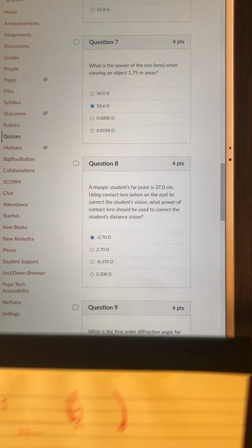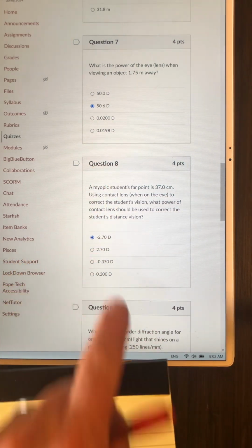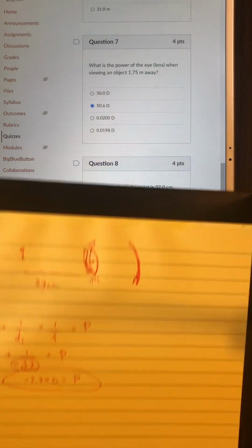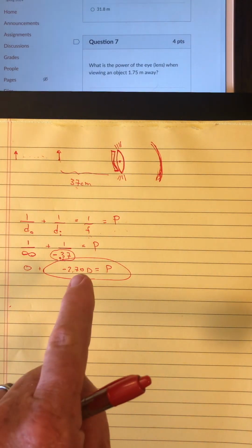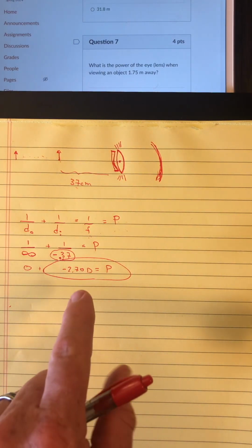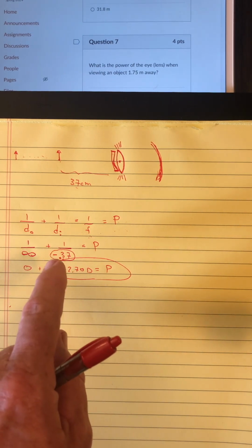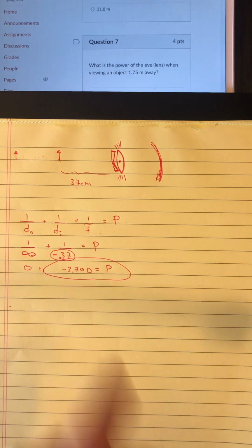I kept talking there for a while, but you can see then for number 8, I punched in A for the correct answer, and so we were working here, and we were saying right here that when you calculate this, be careful with the negative. That's the tricky part. But anyways, when you do your calculation, you get a negative 2.7.